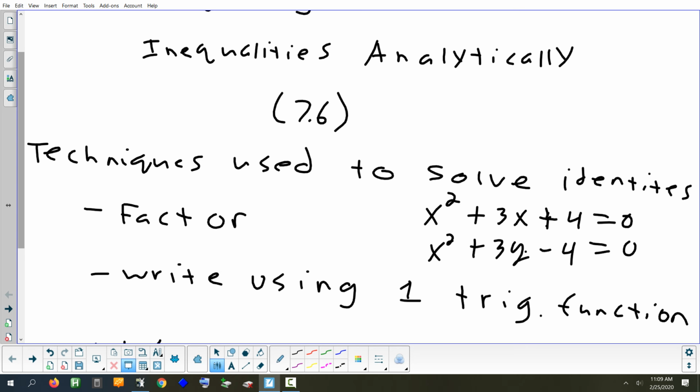So, just like when you're solving an equation, you need to have only one variable in it, one letter. When you're solving trig equations, you can only have one trig function in it, like sines or cosines. You can't have a mixture of sines and cosines in the same problem when you're trying to factor or use quadratic formula.